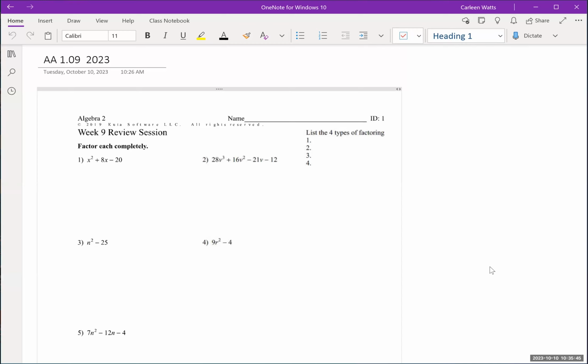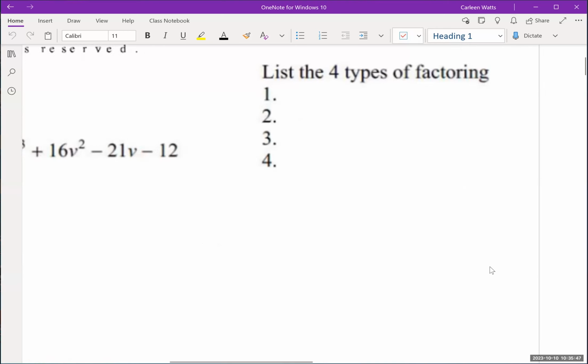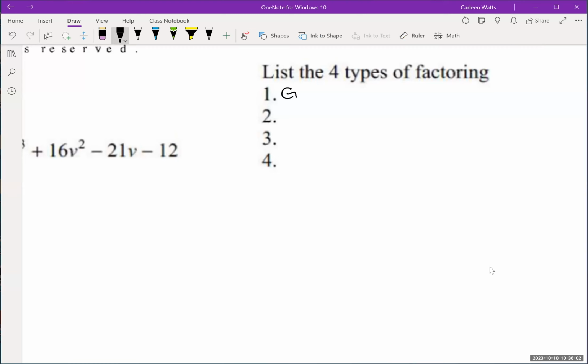Factoring. Now, 4 types of factoring. We're going to start with GCF. Now, GCF may be part of all factoring.